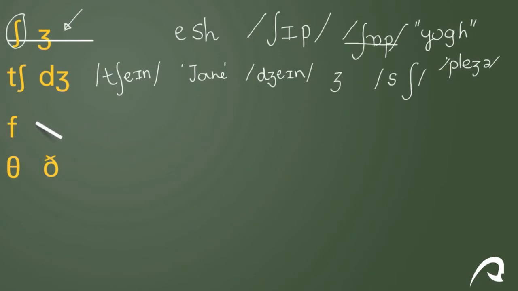Good, let's move on to the next symbol here, the one that stands for the sound F. And here we go with another warning. You should not do the typical symbol like this, typical of a calligraphy book. So this is not what we want. Let me cross it out so that you remember.